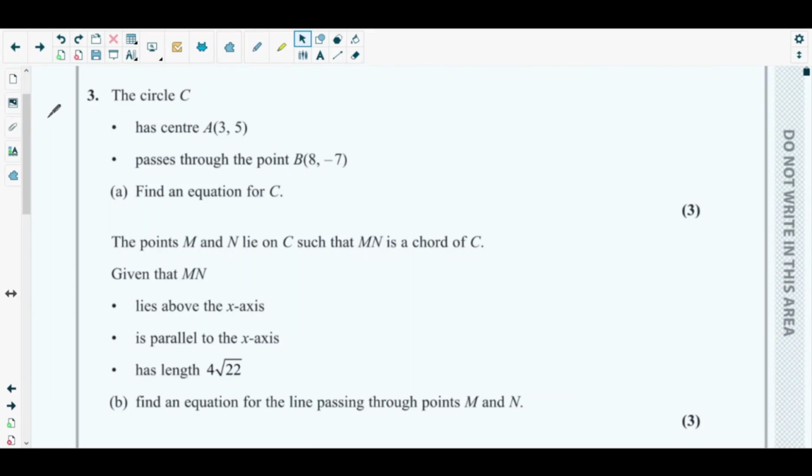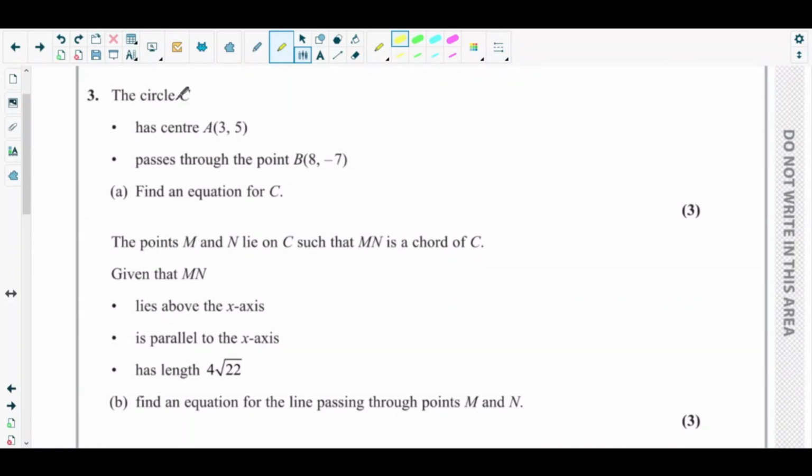To solve this question, you should have a clear idea of the concepts from chapter 2 of your P2 textbook. Let's see what question 3 says.